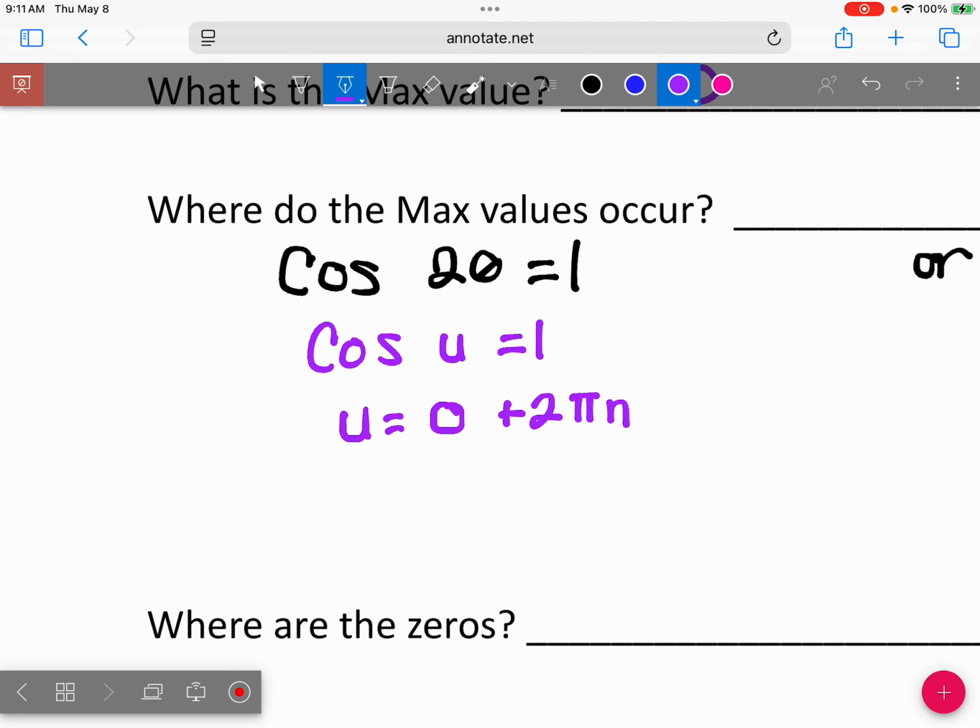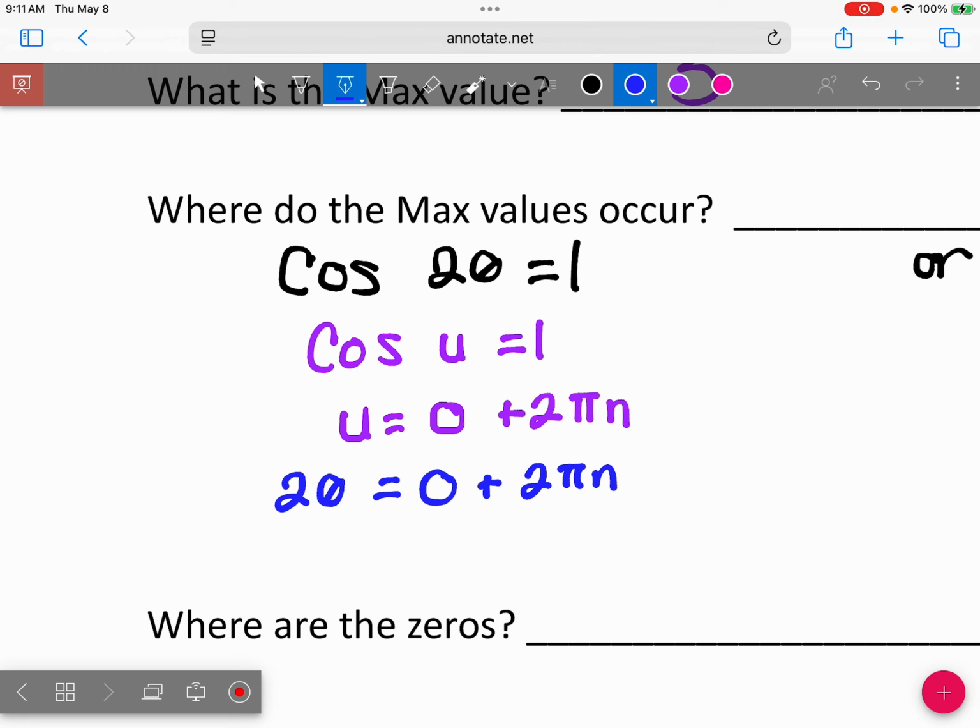When it's odd, it would be plus pi. When it's even, it would be plus 2 pi. When it's the 1 and negative 1, that's when we're going to have our 2 pi n's, because it has to go all the way around the circle. If we're looking at our zeros, since it doesn't matter what sign it is, we can use the pi n. So we switched our 2 theta to be a u, so this is actually 2 theta equals 0 plus 2 pi n.